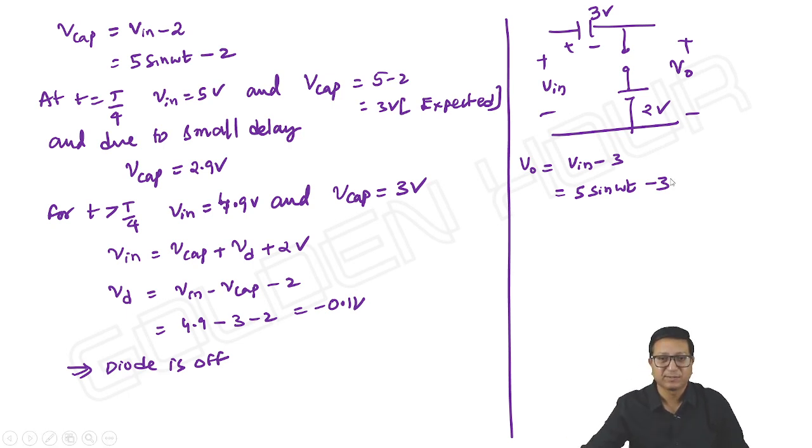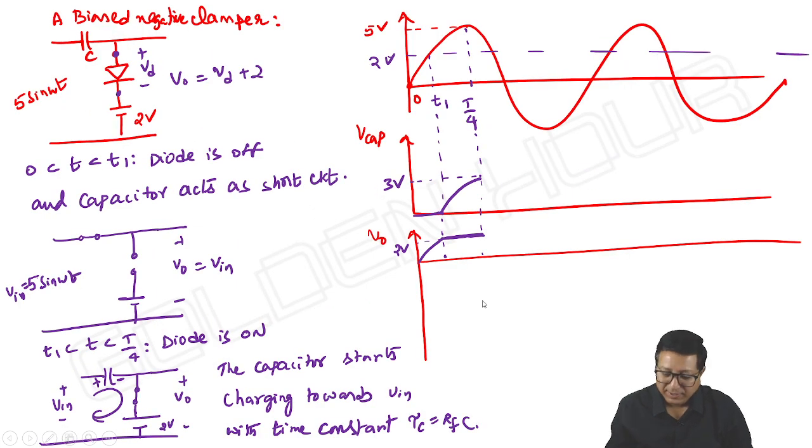See, from here onwards, what happens? The diode is open. I'm not writing VD here; earlier I wrote VD, now I'm writing V output. What is V output here? V input minus 3, that is 5 sin omega t minus 3, I wrote it.